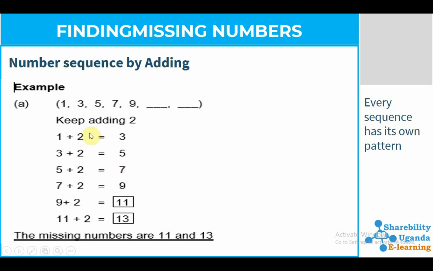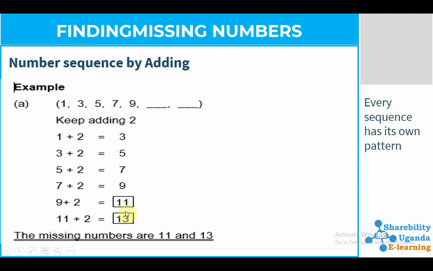Okay, so here they stopped at 9, but they wanted us to get the next two numbers. So we can now apply the method here, because when they added 2 to a 1, they got a 3. So we shall still add 2 here. When you add 2 to 9, which was the last number here, we get 11.